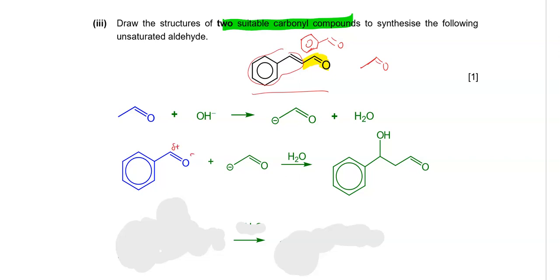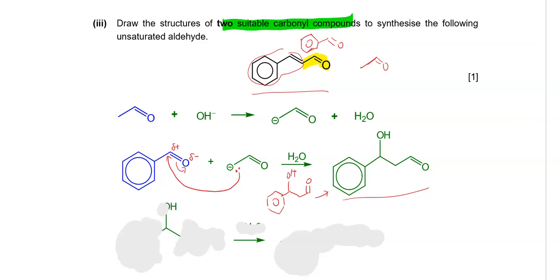Delta plus, delta minus, the lone pair here attacks this carbon, the C=O bond breaks. You get this intermediate here, O minus, and then with water, it becomes OH, and therefore you get this compound.